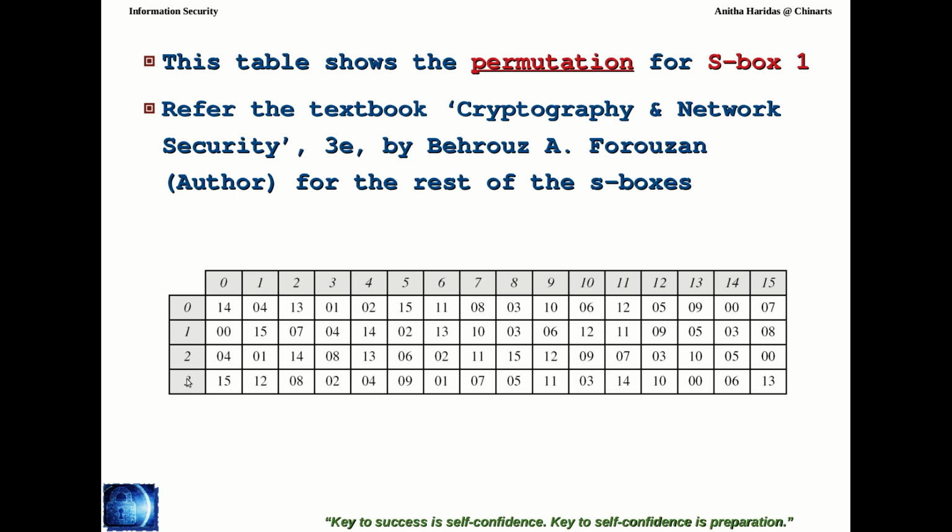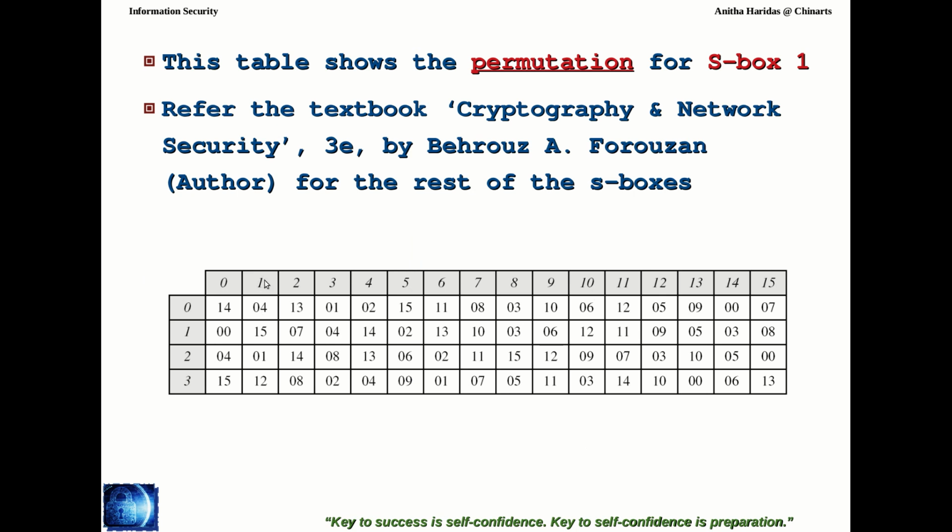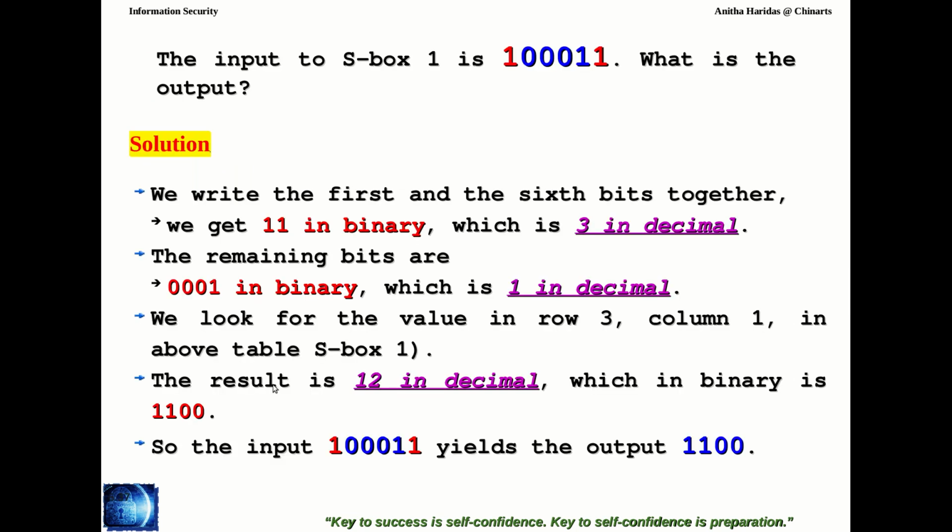Now the remaining bits 2, 3, 4, 5 will be 0, 0, 1, 1, which is used as the column index. In binary this is equivalent to 1 in decimal. So row index is 3 and column index is 1, and we look for the value in row 3 and column 1.